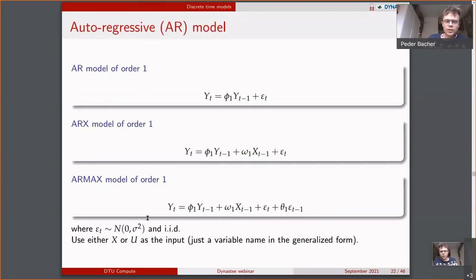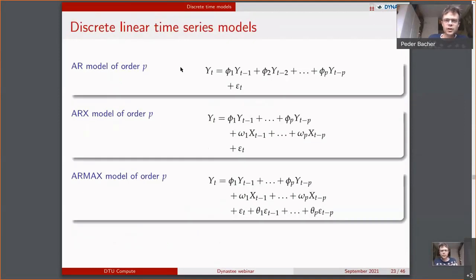Now, these were models of order 1, so they only include one lag. We can formulate models up to order P, including lag 1, lag 2, up to lag P. It means they are equivalent to a system which, if you think of RC systems, has two RCs connected in series, which would need a second order model.